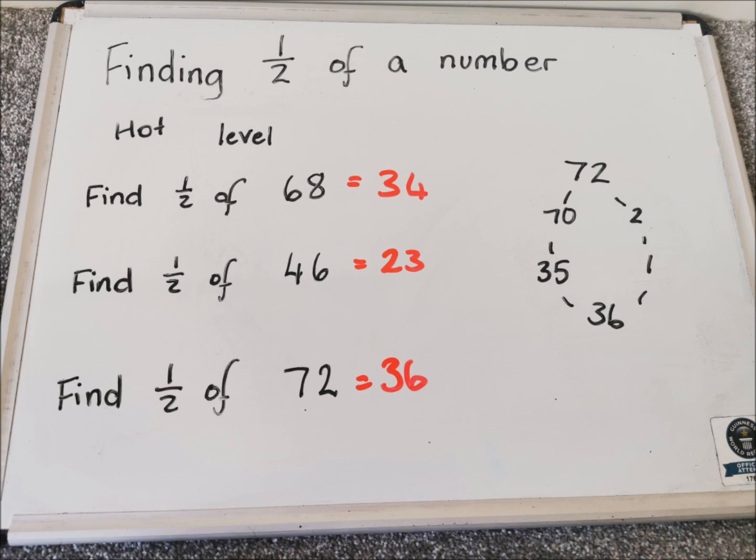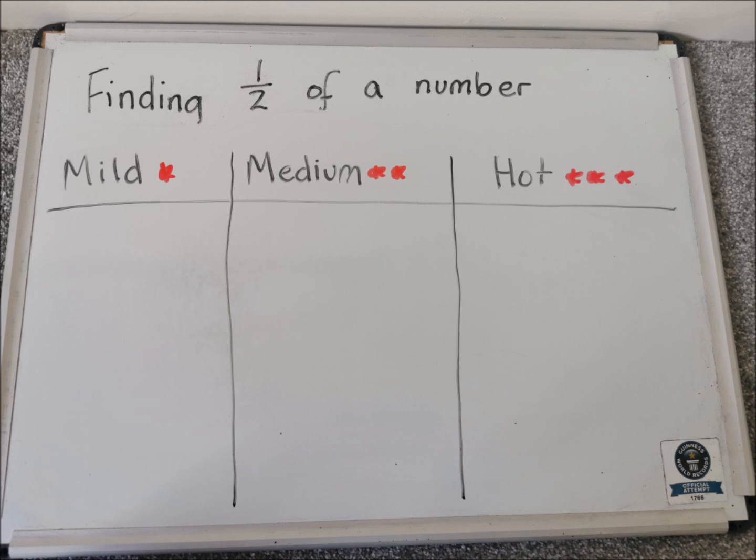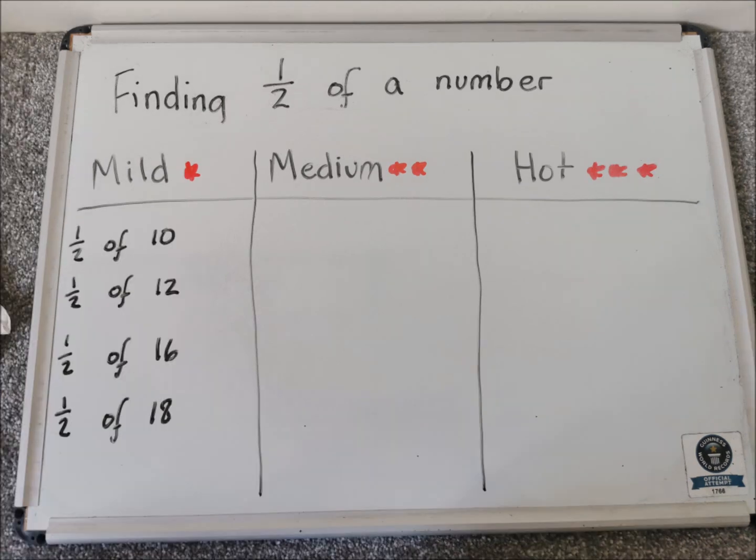So what I've got for you to practice all of those skills, like I say, it is revision, so hopefully this has been helpful just to remind you of those steps. We've got mild, we've got medium, and we've got hot examples for you to try. So I'll quickly show you them and then you can pause the video and decide what level you want to try. So mild, those were those first ones we did at the start of the video, sort of warm-up questions.